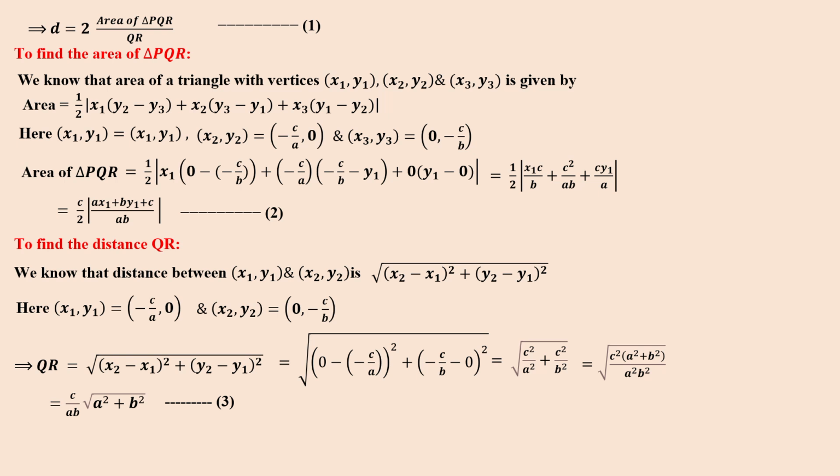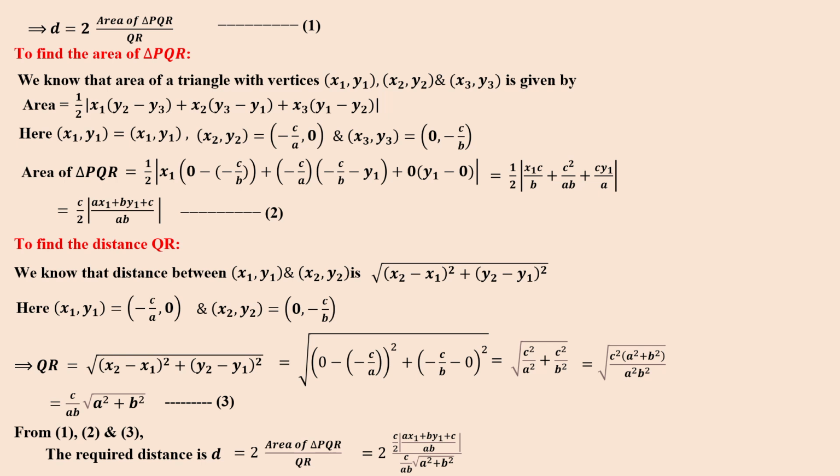So from 1 to 3, the distance D is equal to 2 into area of the triangle from 2, C by 2 modulus AX1 plus BY1 plus C by AB, divided by QR, the length, C by AB root of A square plus B square. See, in the numerator you have C by 2, in the denominator you have C by AB, so C and C get cancelled.